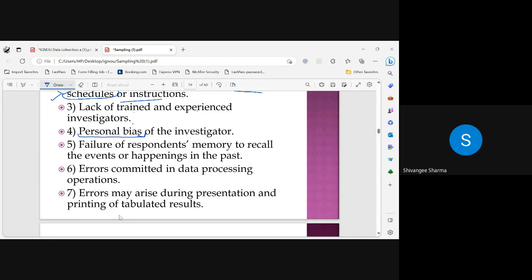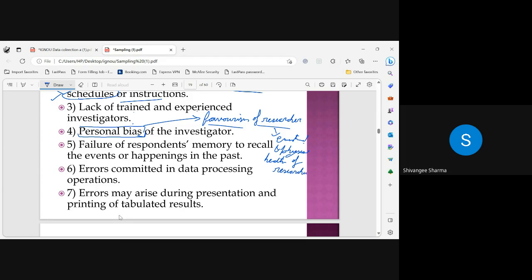So let's understand what is personal bias. Personal bias is related to favoritism of the researcher, where the researcher uses any kind of favoritism in collecting data, and this favoritism is affected by the emotional and physical health of the researcher.